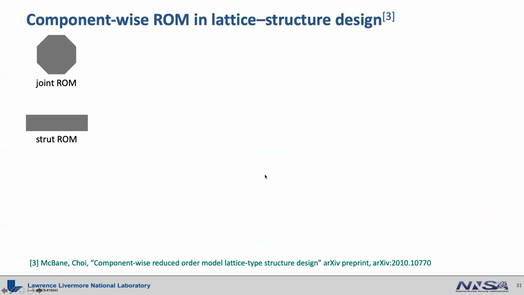For lattice structure design problems, the joint component and strut components are identified. Then in pairwise training, you think of all the possible combinations of the attachments between these different components, right? So for example, you have a joint component and a strut component, and you attach them together, in order to find the snapshots at the interface where they attach together.